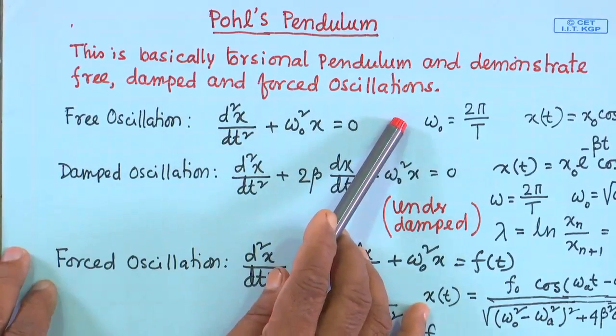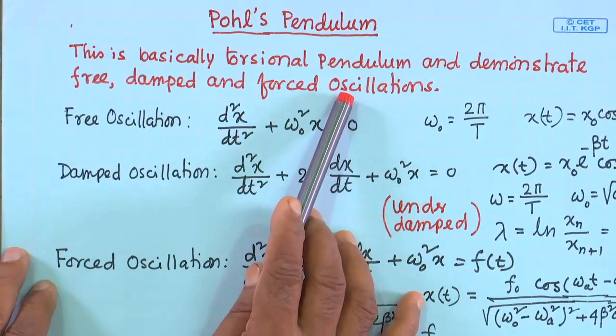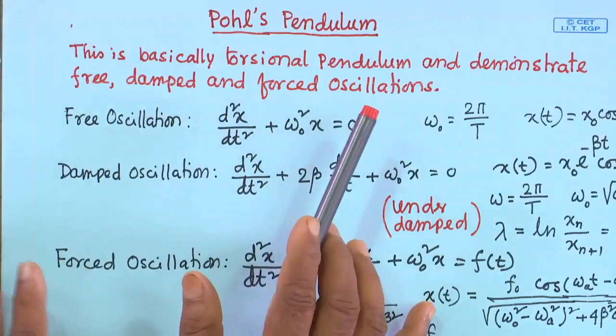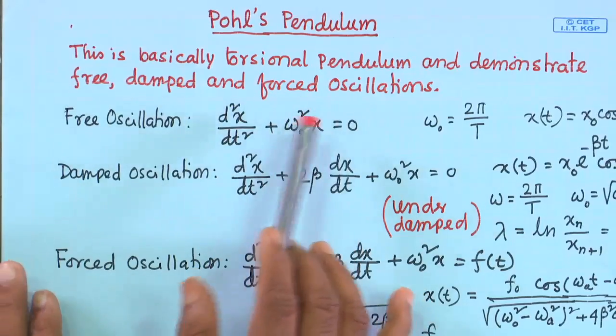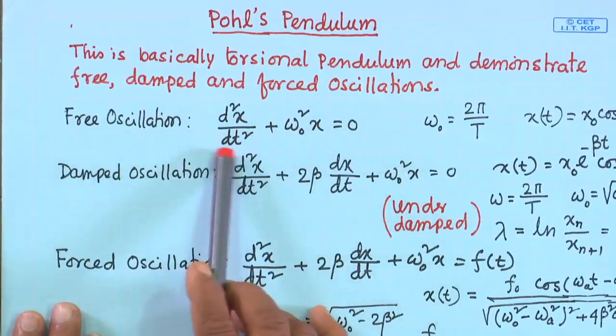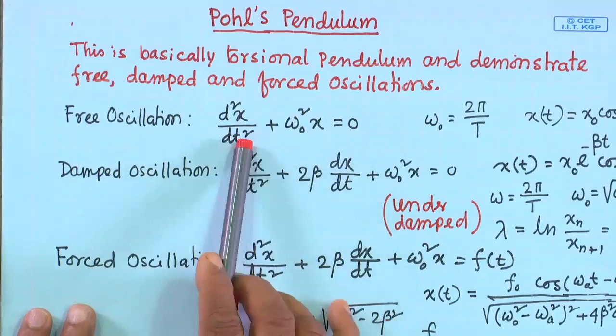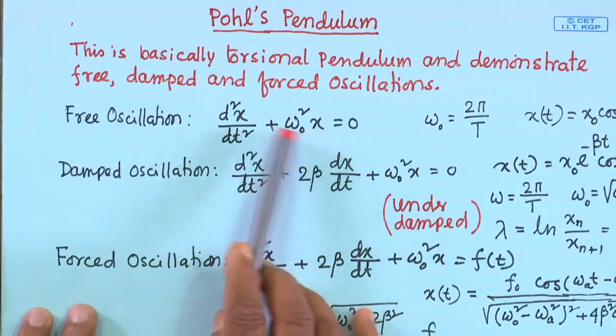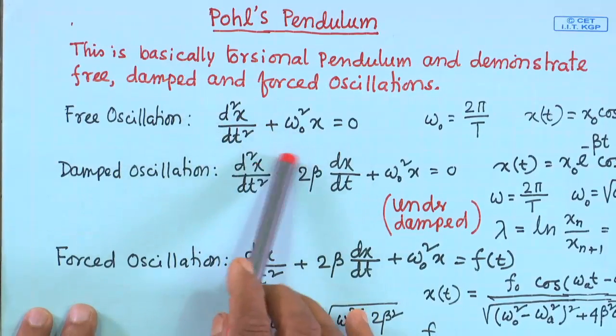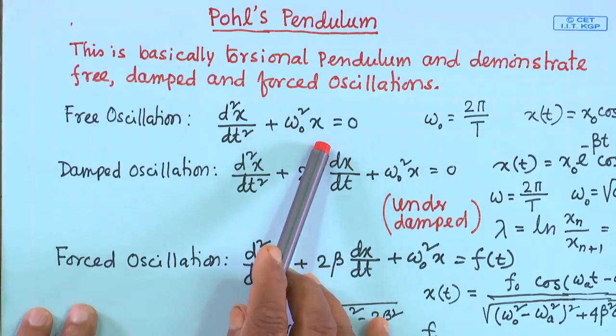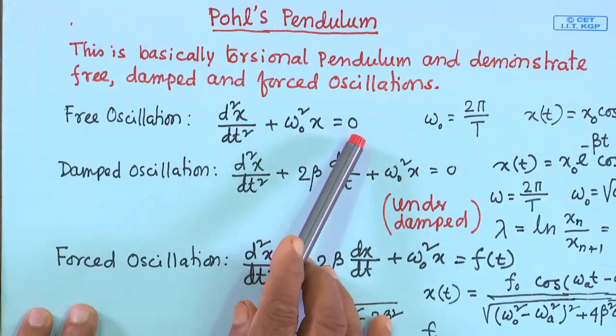For free oscillation, the standard differential form of the oscillation is d2x by dt square plus omega 0 square x equal to 0.